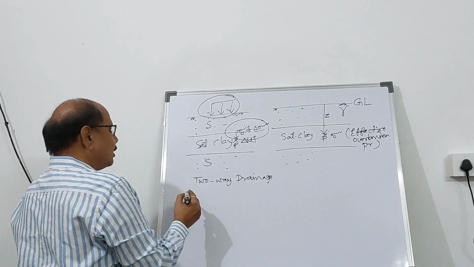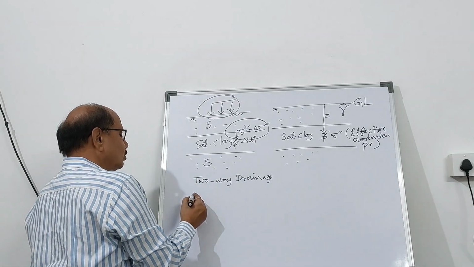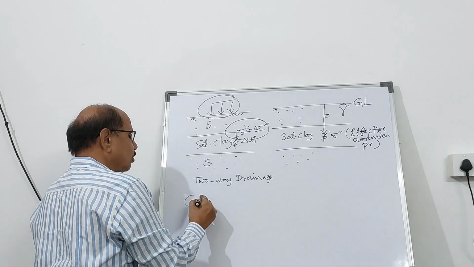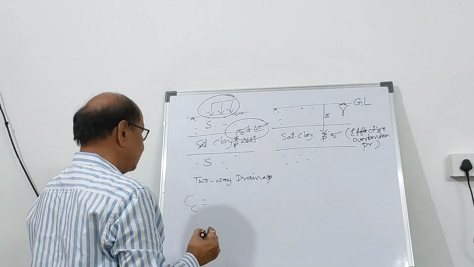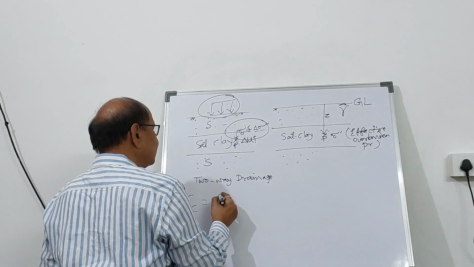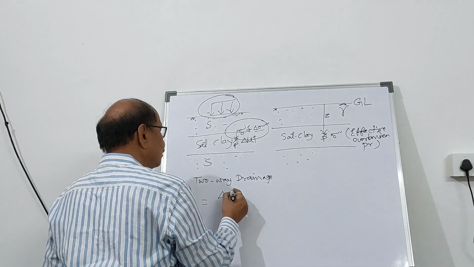And therefore, if you want to find out the value of Cc for normally consolidated soil, last time I have shown that this is going to be the change in void ratio.